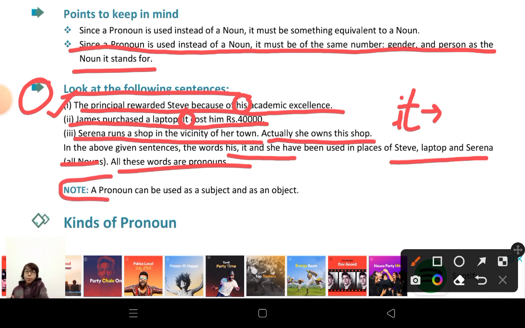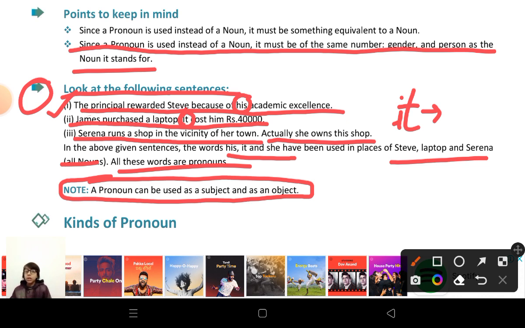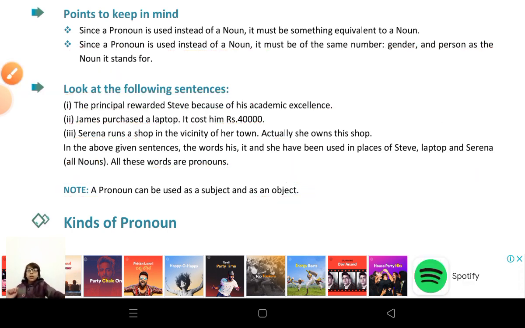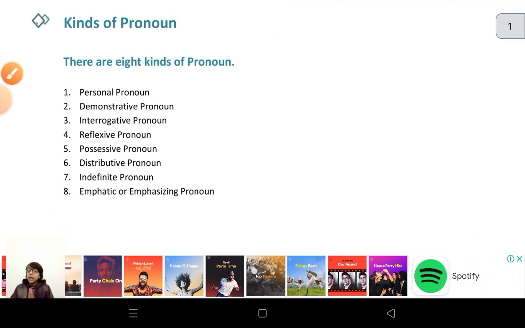Note, a pronoun can be used as a subject and as an object. Now comes the kinds of pronouns. There are 8 kinds of pronouns.